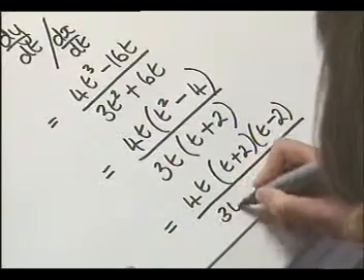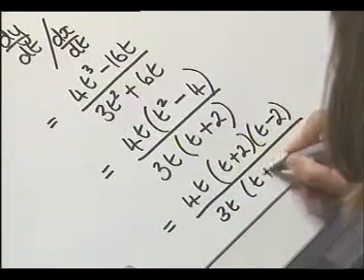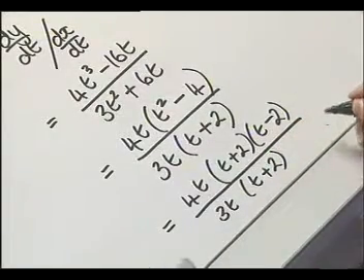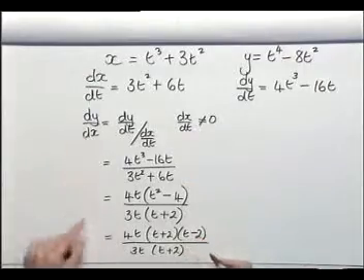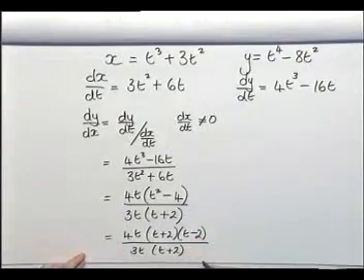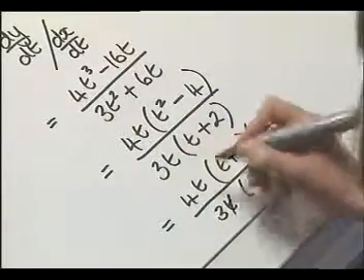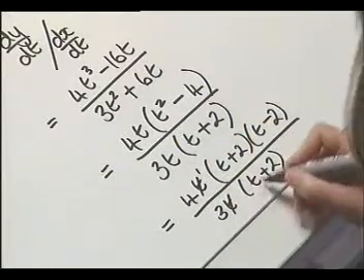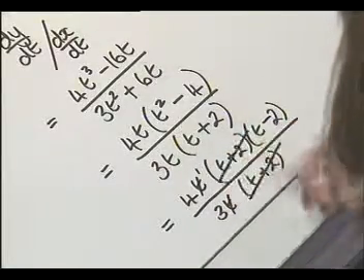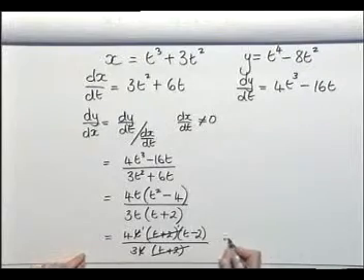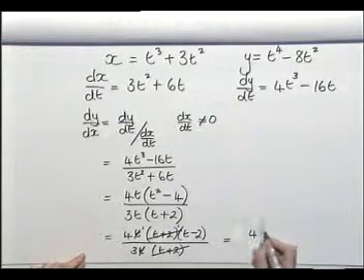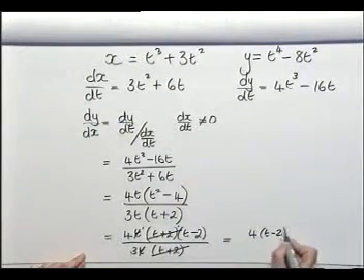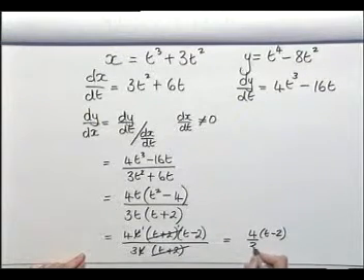And that's going to help us because we can do some more cancelling and make it simpler for us before we differentiate a second time. So here, t goes into t once, t plus 2 goes into t plus 2 once. So we're left with 4 times t minus 2, over 3.